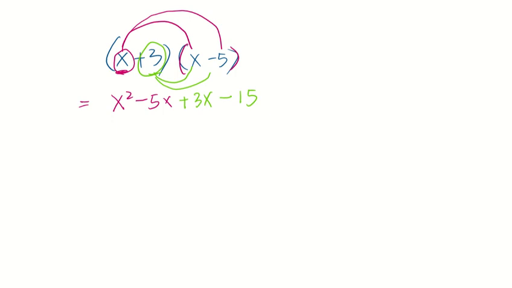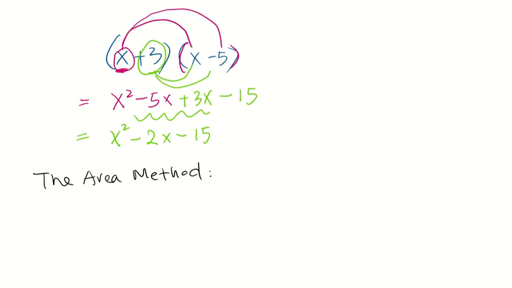Are we done yet? Not quite. We have like terms to combine. The middle two terms are like terms. We can combine them. So x squared, we'll just write it down. Negative 5x plus 3x, that's a negative 2x, minus 15, and that will be the answer.